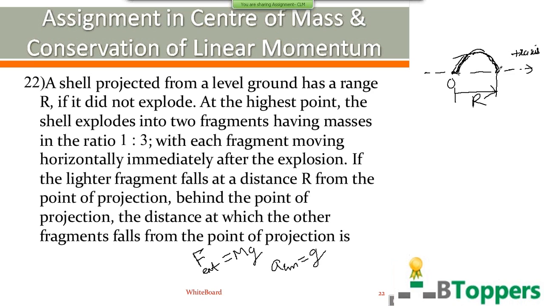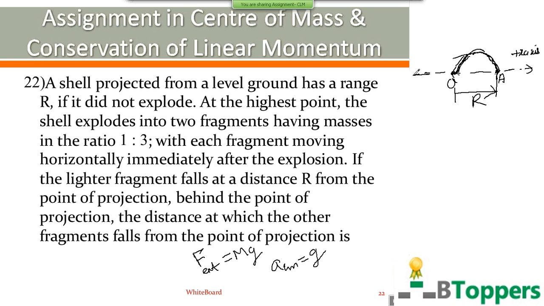When both the parts into which the shell explodes have reached the ground, the center of mass will reach the same point A on the ground at which the unexploded body would have landed. So here I choose the point of projection of the projectile as origin, and the horizontal direction passing through the point of projection as the x-axis.